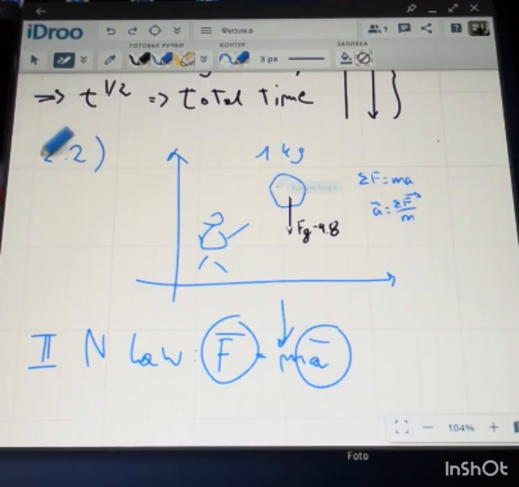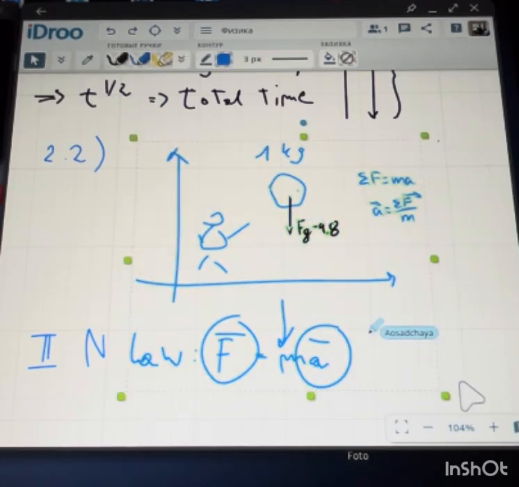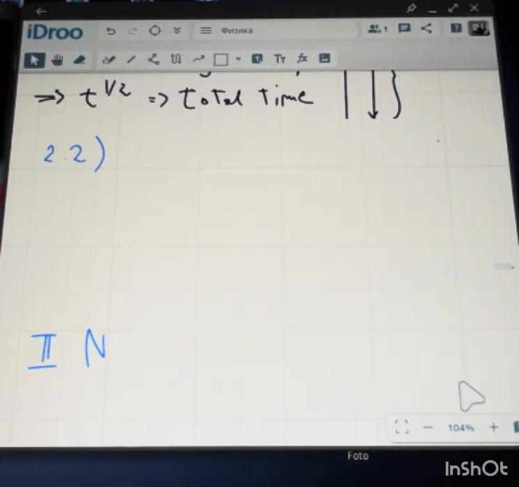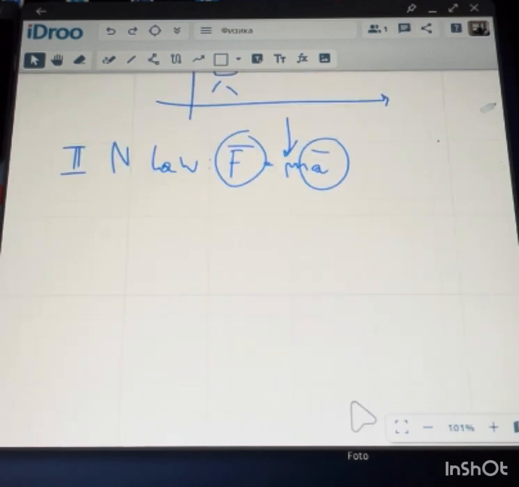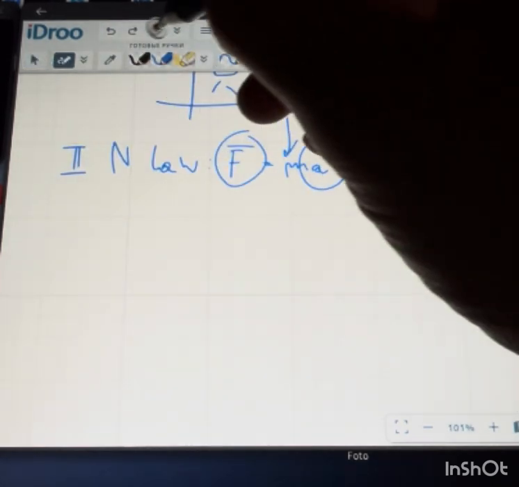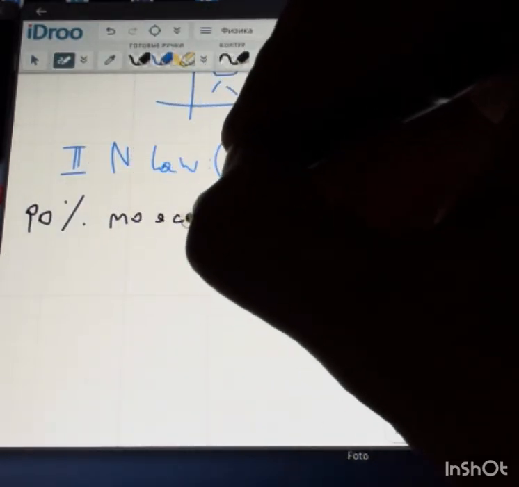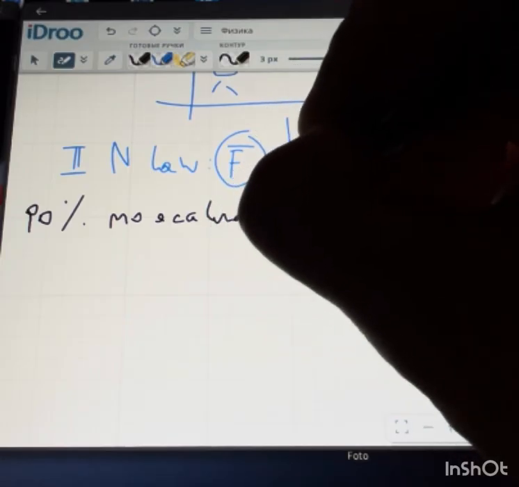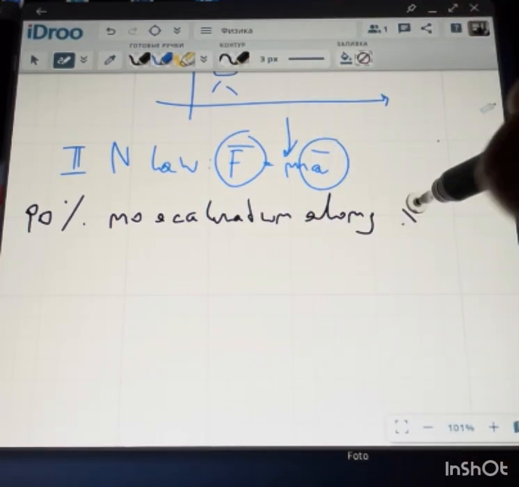90% of the time along the x-axis you have a linear motion, just linear, not accelerated, because there is no force. So no acceleration along x.